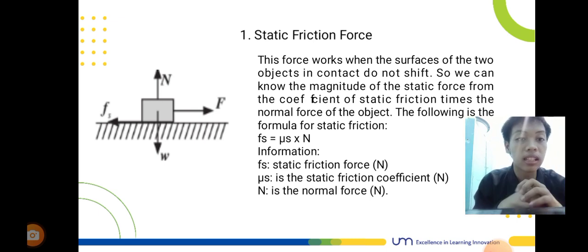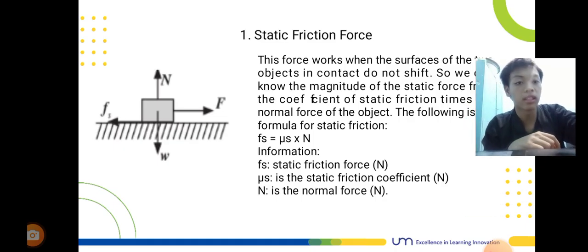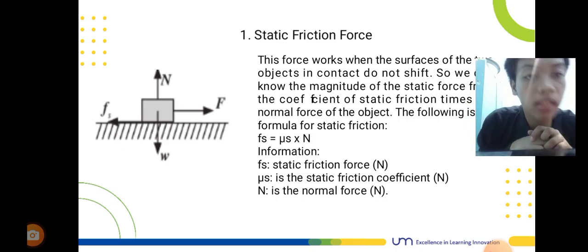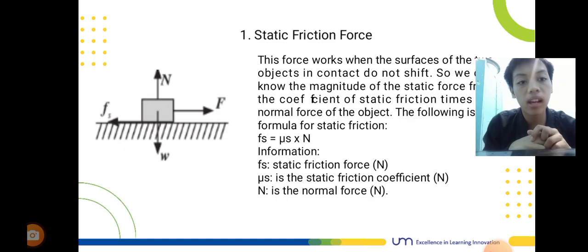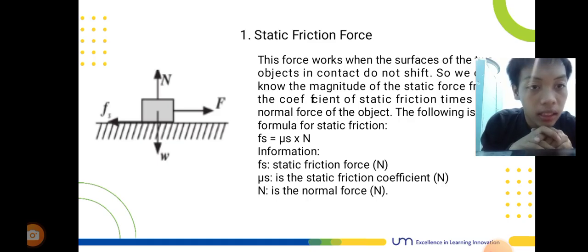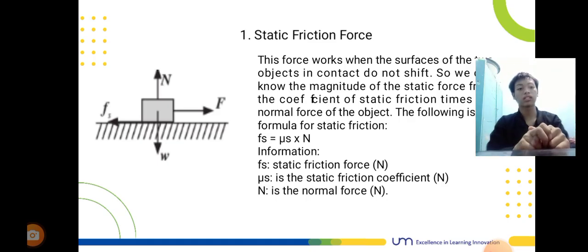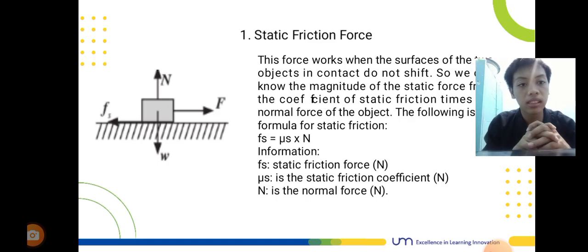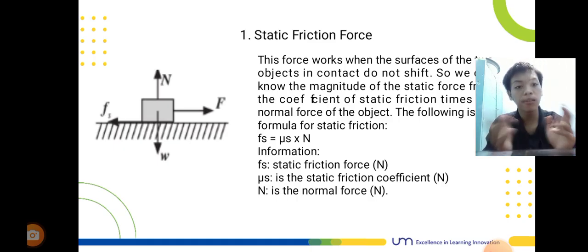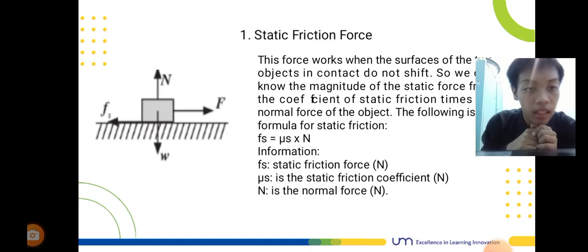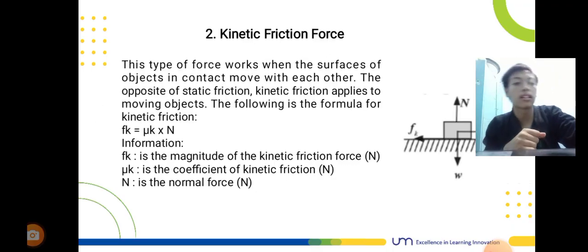The following is the formula for static friction: Fs equals Us times N. Information: Fs is the static friction force, Us is the static friction coefficient, N is the normal force.